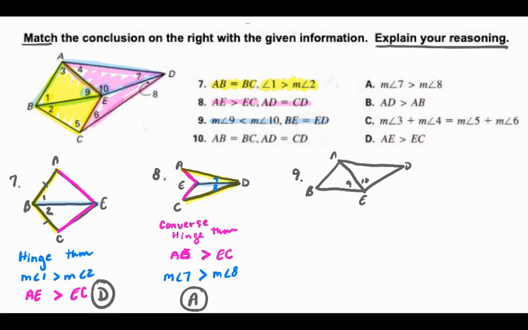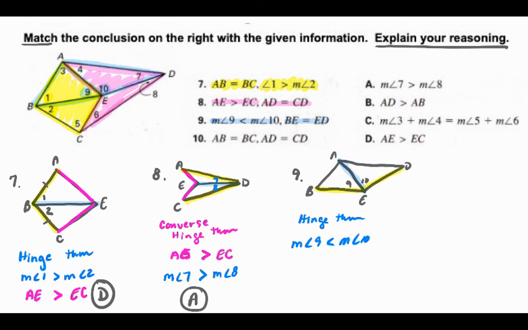So when we look at the hinge, we were given that BE and ED were equal in length, and we have that common shared side. So when we look at this one, we have the information about the angles. So this is going to be the hinge theorem. We know that the measure of angle 9 is less than the measure of angle 10.